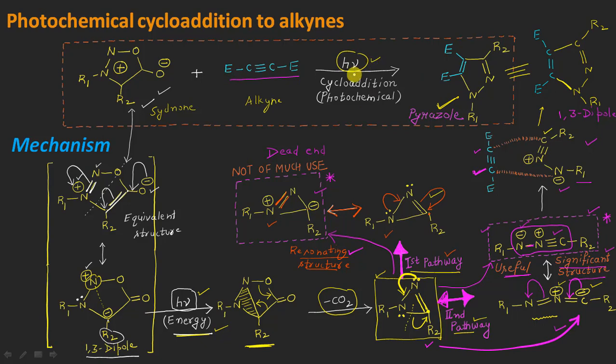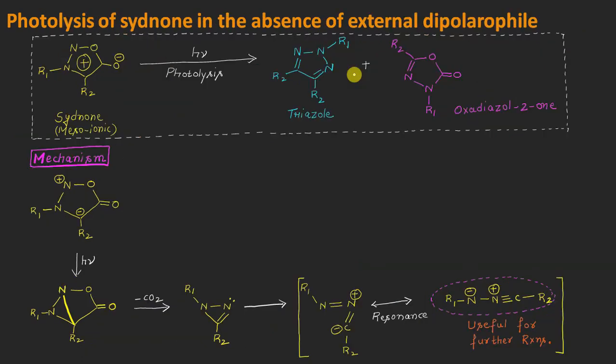So this was the very first reaction, and now let us have a look at the second reaction, which is about the photolysis of Sydnone, but this time in the absence of any type of external dipolarophile, right? So in this reaction, you can see here, this is the main reactant molecule.